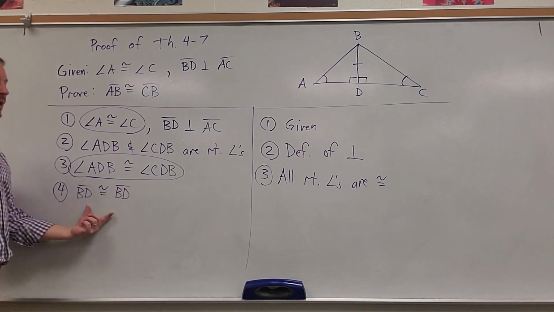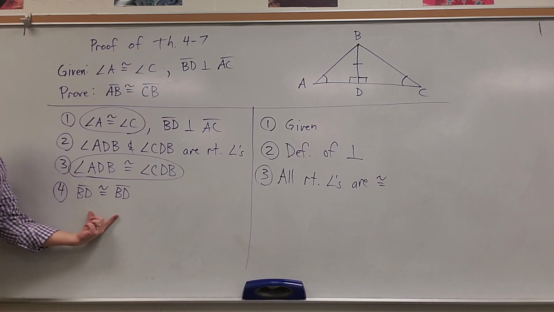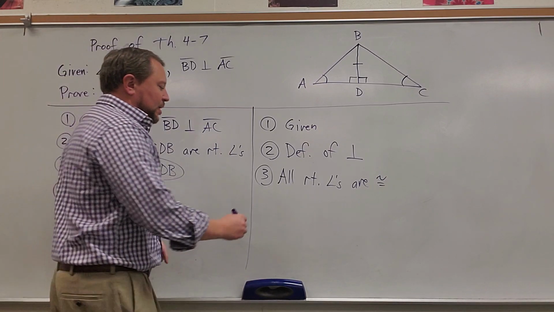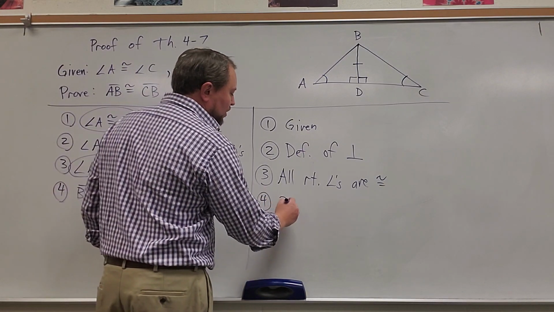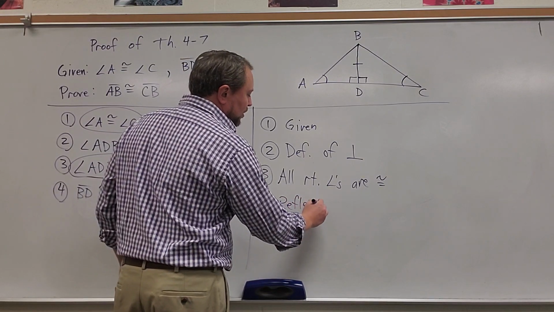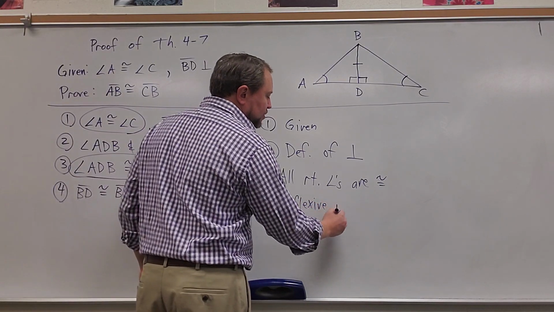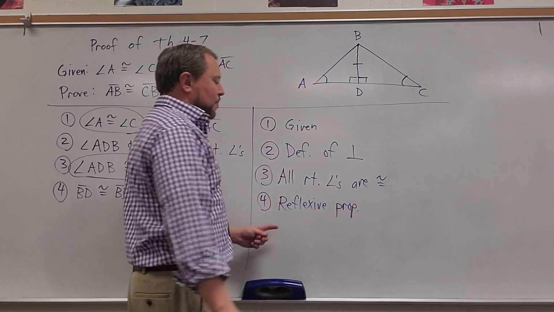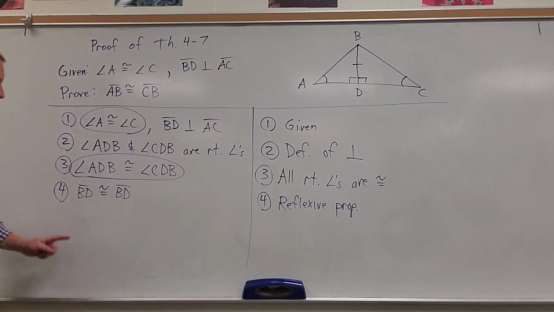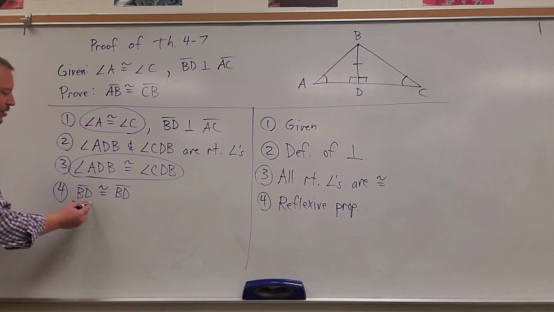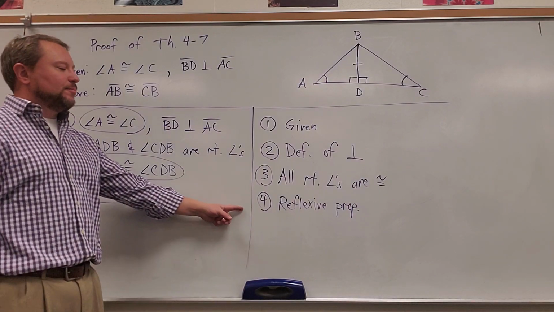You remember the reason why we could say any segment is congruent to itself? We could say it by the reflexive property. It's like when you see your reflection in the mirror. Whenever they share a side, that's always going to be your reason, is the reflexive property.